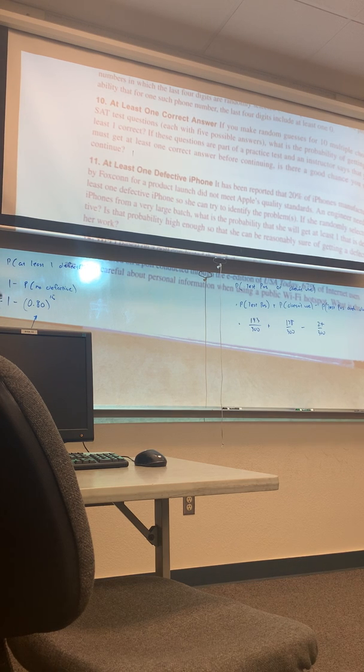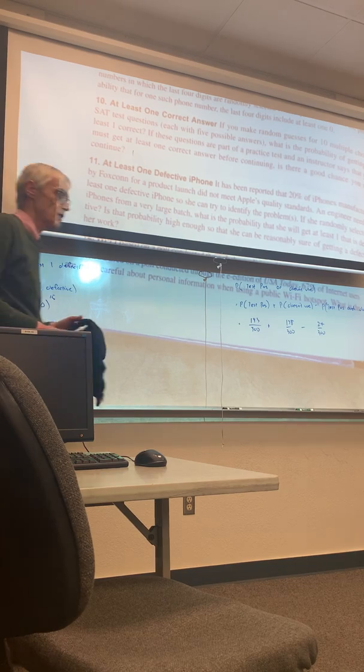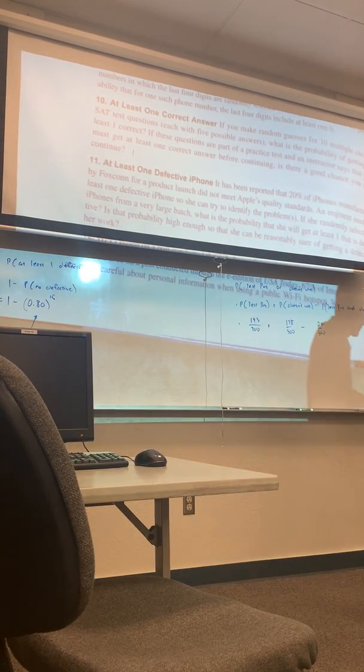Okay, so the probability of at least one defective in 15 is 1 minus the probability of no defective in 15, which means all good iPhones. So 0.8 is the probability of selecting a non-defective. So this is 1 minus 0.8 to the 15th power.